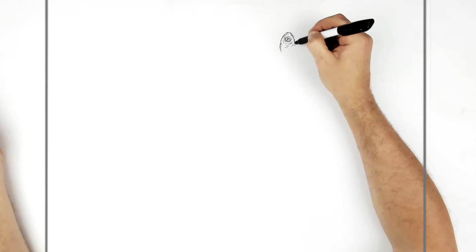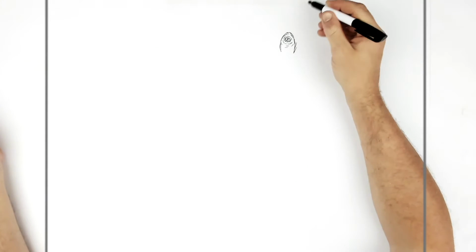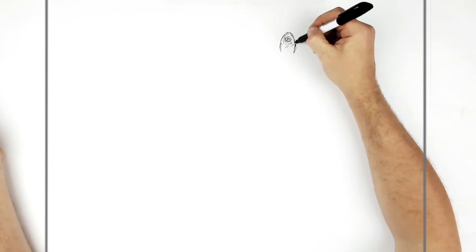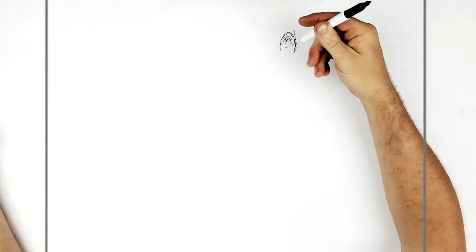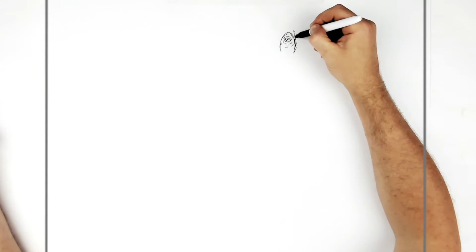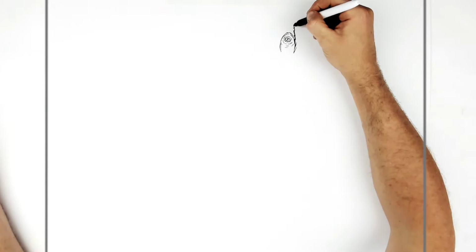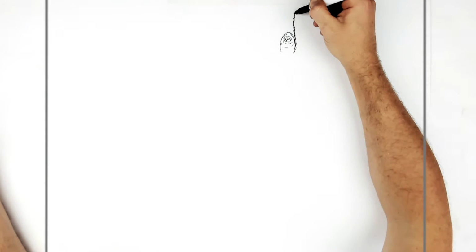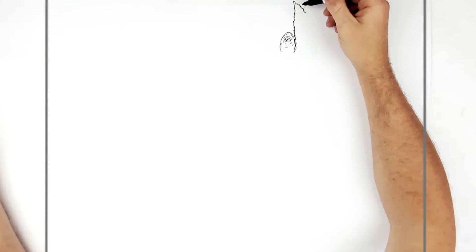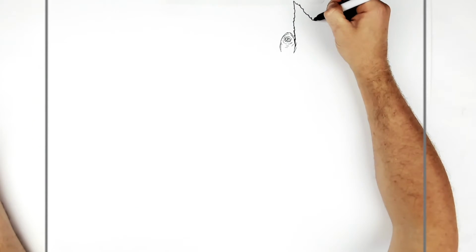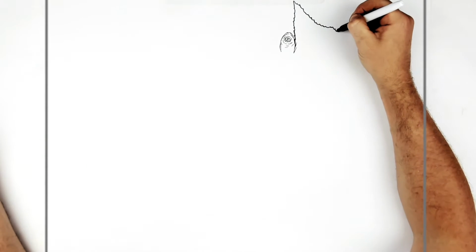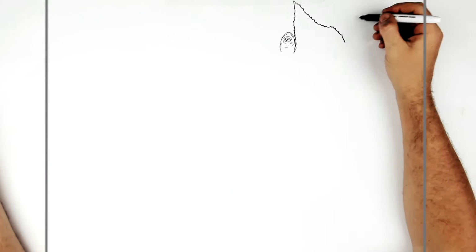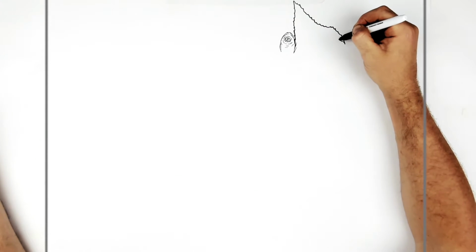So it starts this way and comes up, like so. Right, and you've got all these spikes and stuff just coming along here, and eventually goes down towards the nose, like that.